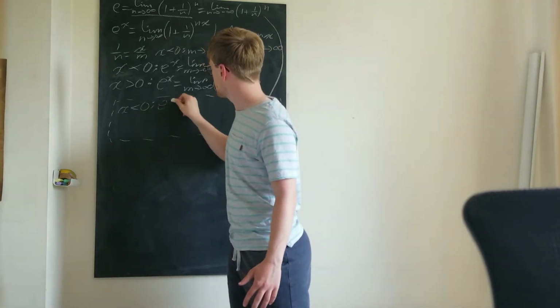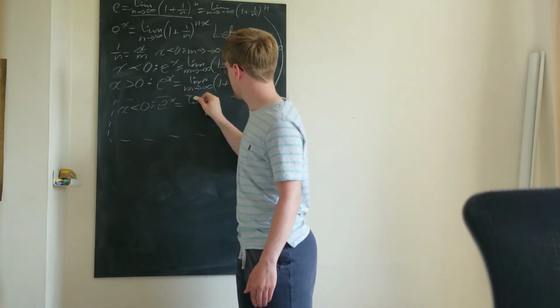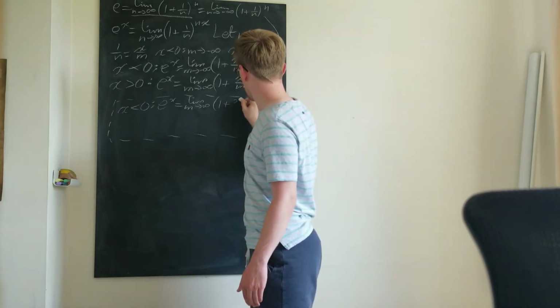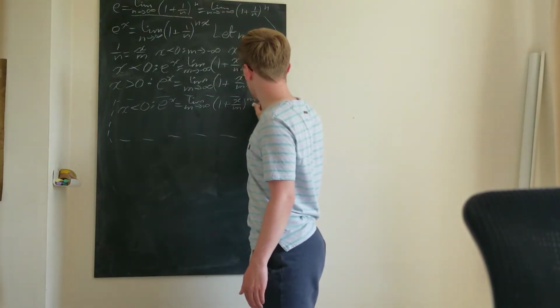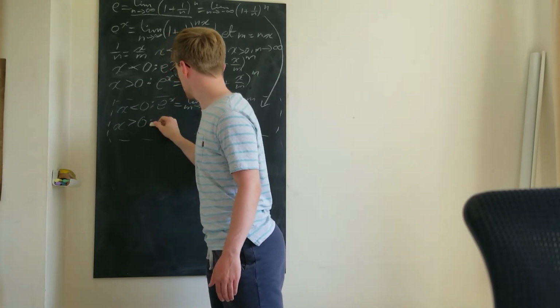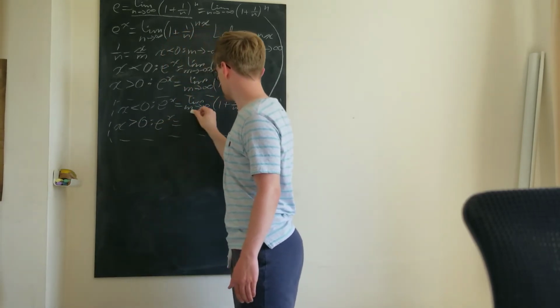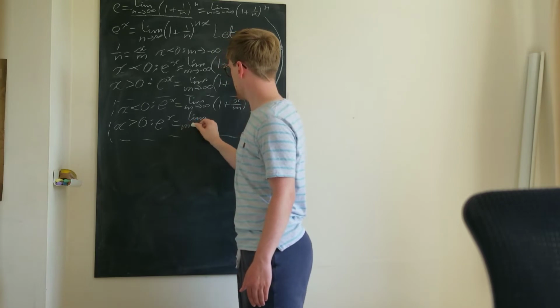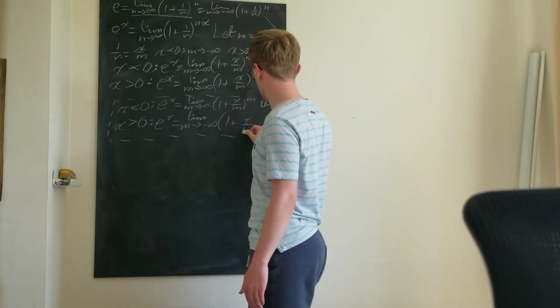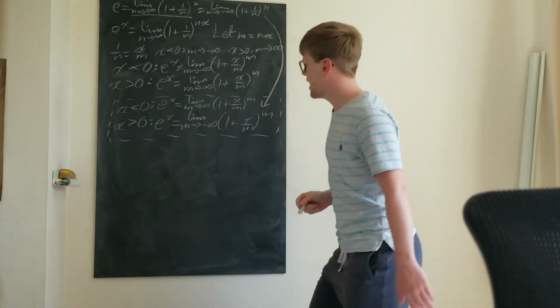So we'd get e to the x equals limit as m approaches positive infinity of 1 plus x over m to the m. And for x greater than 0, e to the x equals limit as m approaches negative infinity of 1 plus x over m to the m.